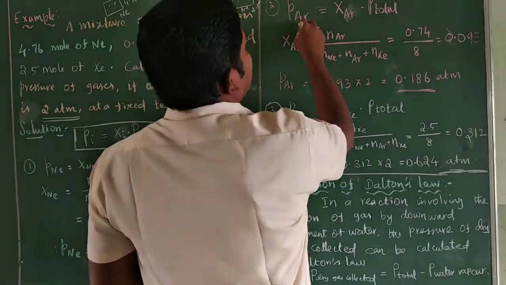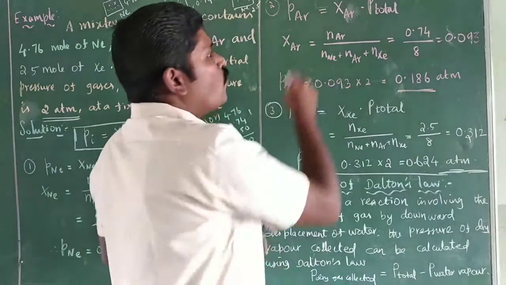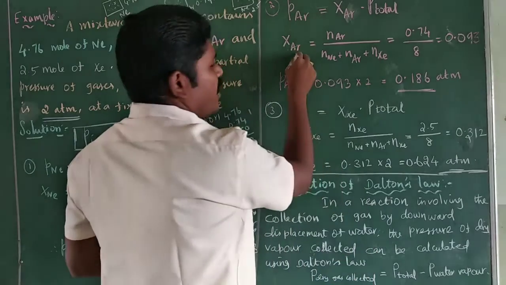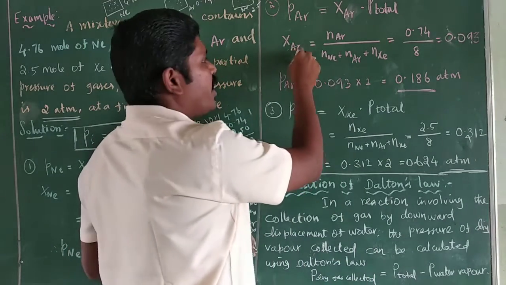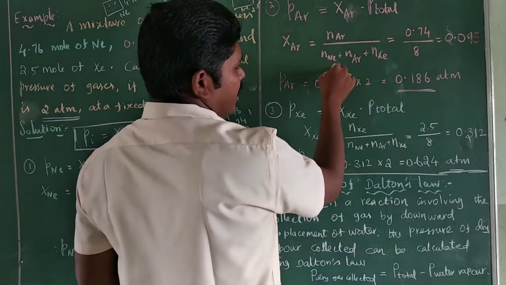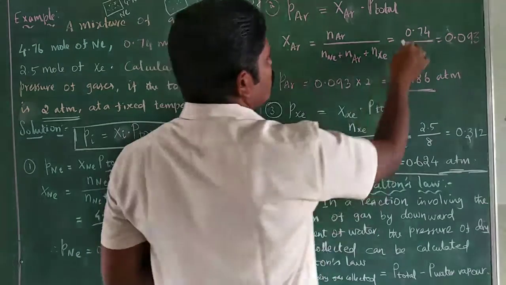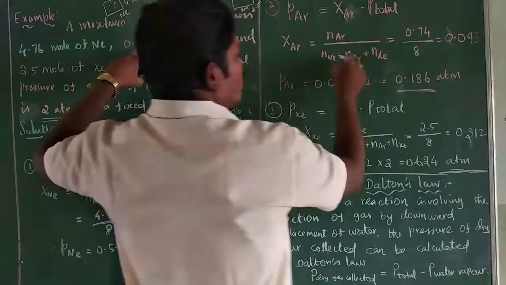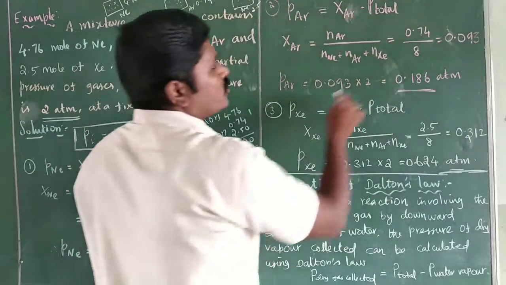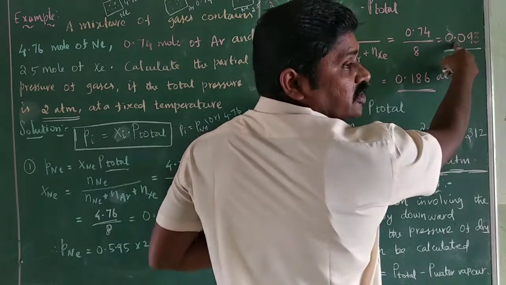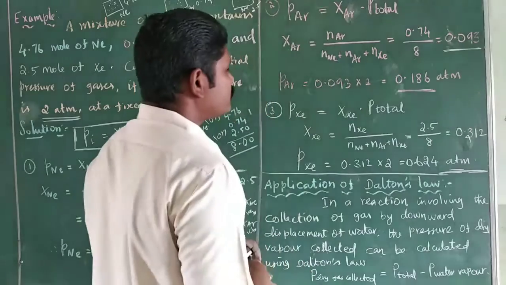The next, partial pressure of argon: mole fraction of argon into total pressure. The mole fraction of argon is equal to the number of moles of argon divided by the total number of moles. So 0.74 divided by 8 is equal to 0.093.